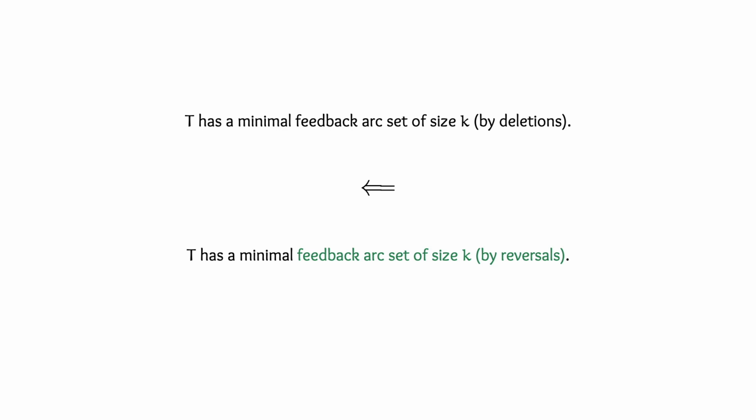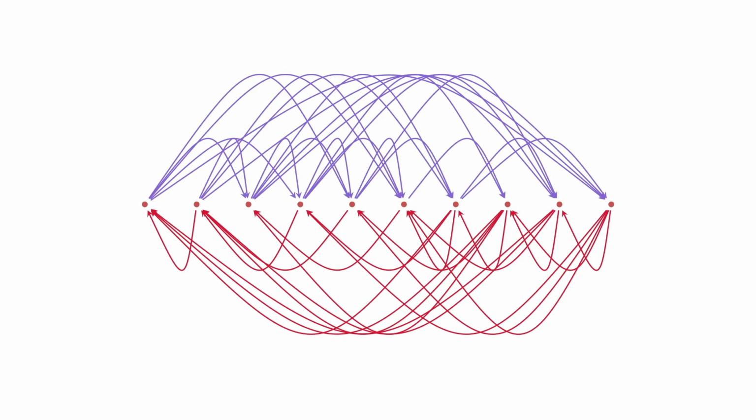Suppose your tournament has a minimal feedback arc set by reversals of some size. Let's imagine that you have reversed these arcs and you've obtained a topological sort. Let's arrange the vertices according to this topological sort and then reverse back the arcs so that you get this sort of a visual.